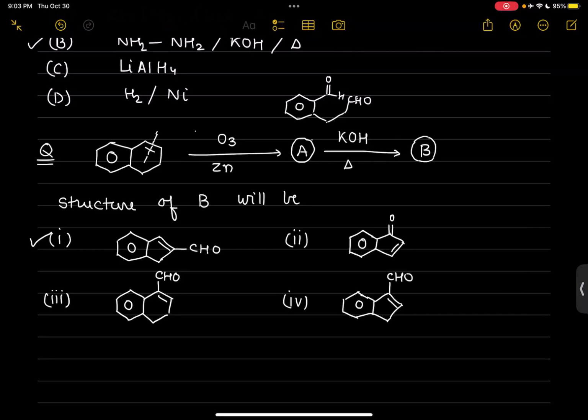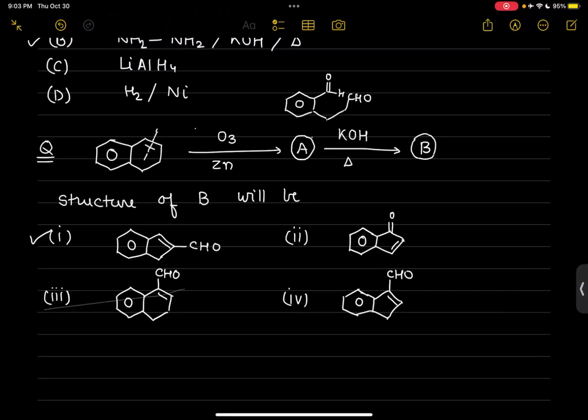Now, can this compound undergo aldol condensation? We have to check whether it contains alpha hydrogen. The answer is yes, it has alpha hydrogen. So connect this carbon to the double bond O, remove water, and you will get this as your answer.